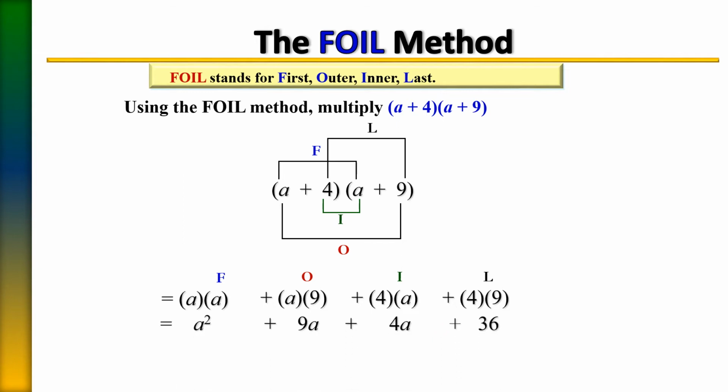Your last step of the FOIL method is to combine outer and inner. And why do you have to combine outer and inner? Because outer and inner are like terms. 9a plus 4a equals 13a, and that leaves me with a final answer of a squared plus 13a plus 36.